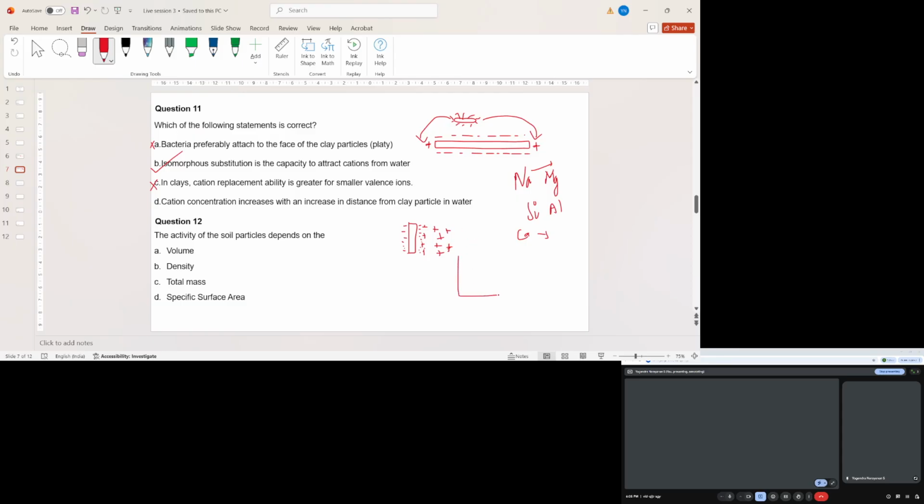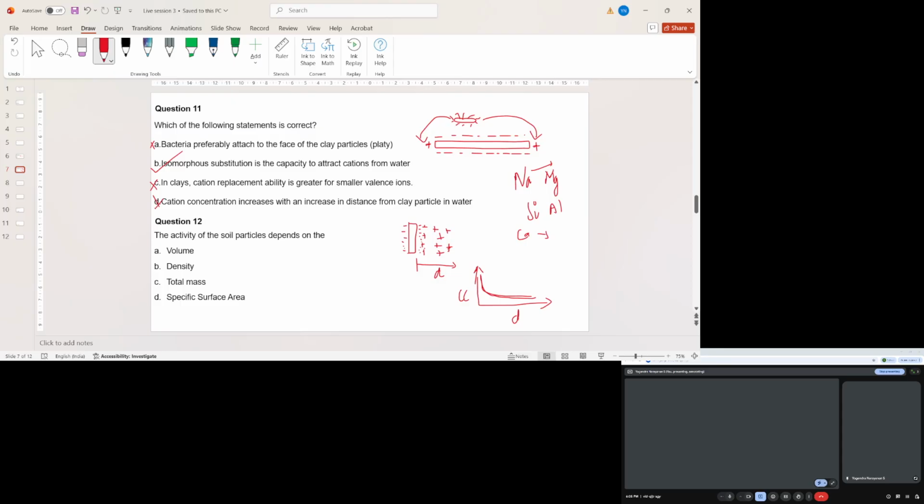In the graph of cation concentration against distance from the face of the clay particle, the concentration tends to decrease, approximately exponentially. So this option is also false.